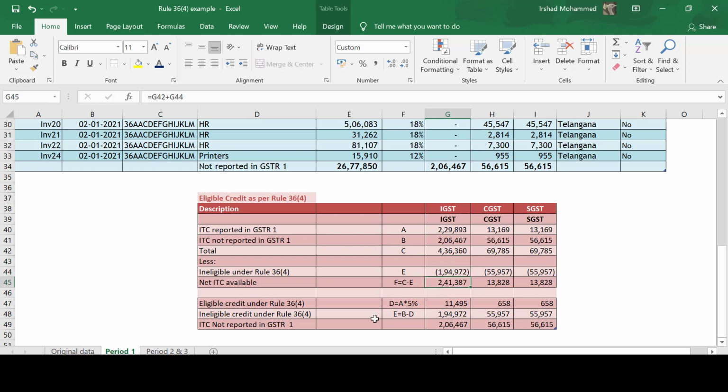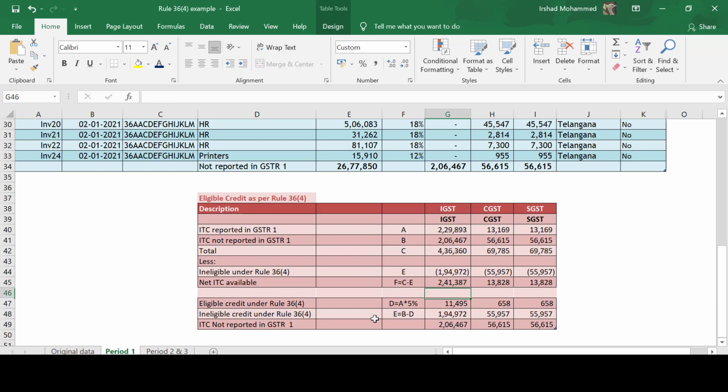So this figure is a combination of the ITC reported in GSTR1 and eligible ITC under Rule 36(4), which is effectively nothing but the net of the total ITC and the ineligible ITC.